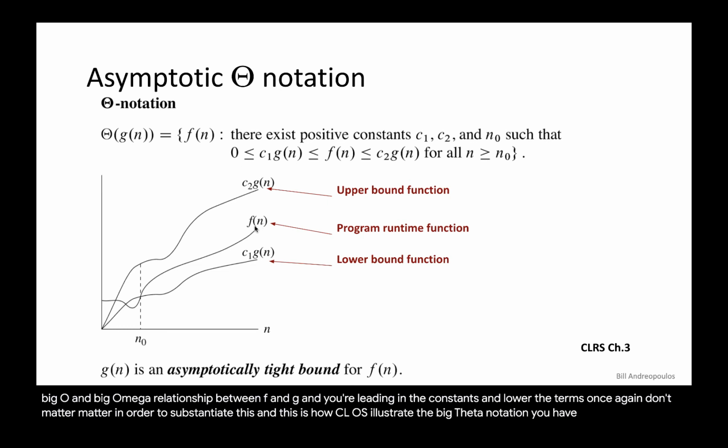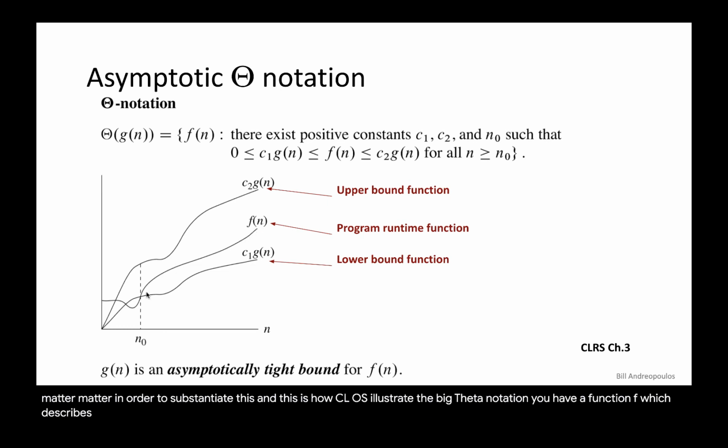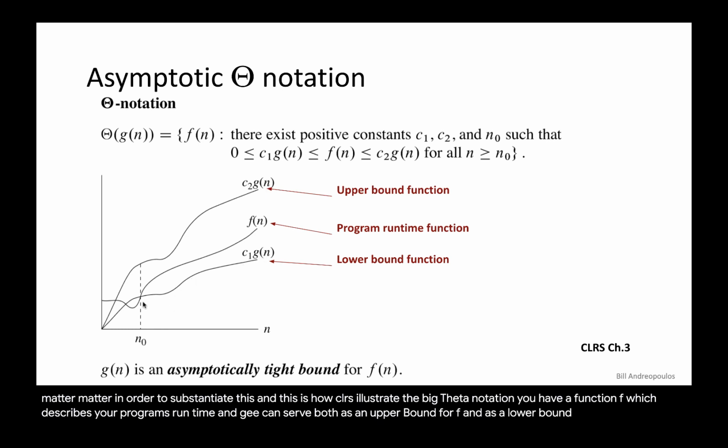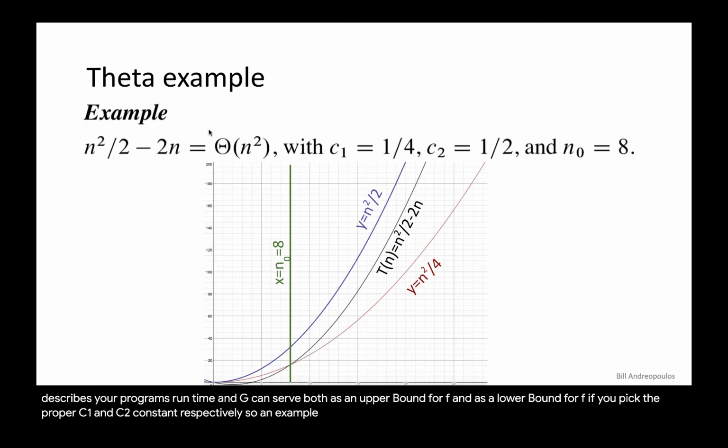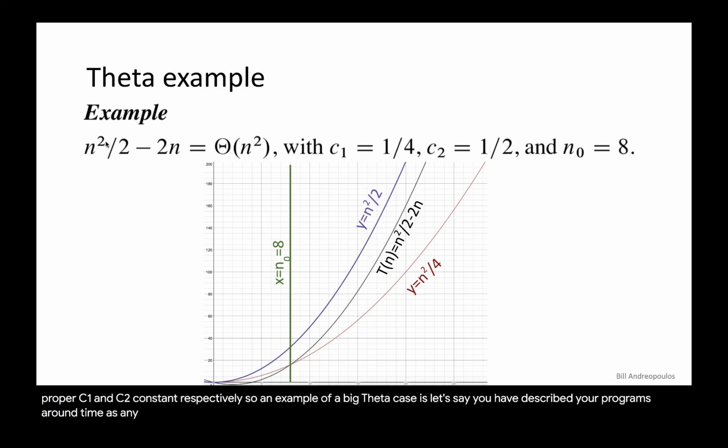You have a function f which describes your program's runtime, and g can serve both as an upper bound for f and as a lower bound for f if you pick the proper c1 and c2 constants respectively. So an example of a big theta case is, let's say you have described your program's runtime as n to the power of 2 over 2 minus 2n.